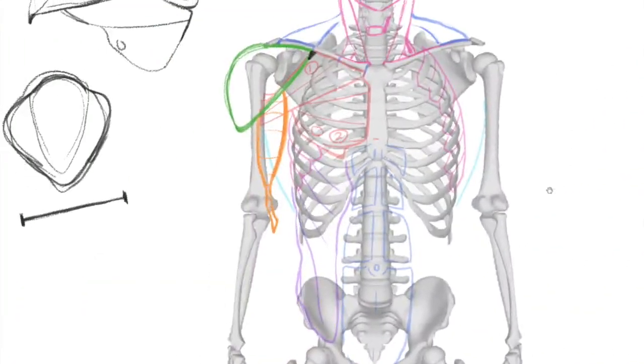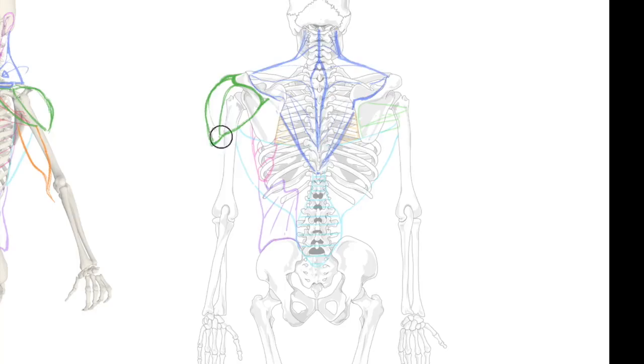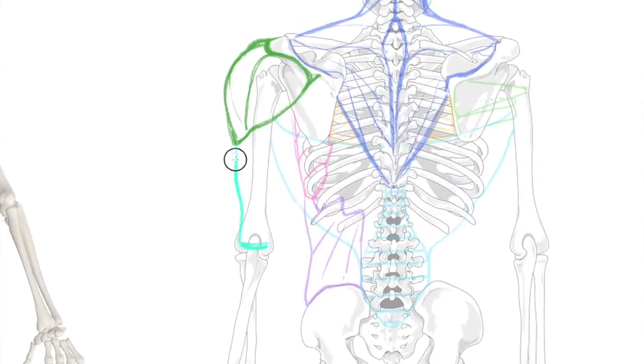So let's look at the tricep. I want to show you from the back view first. The tricep is connected to the elbow and creates a very similar shape to the bicep.